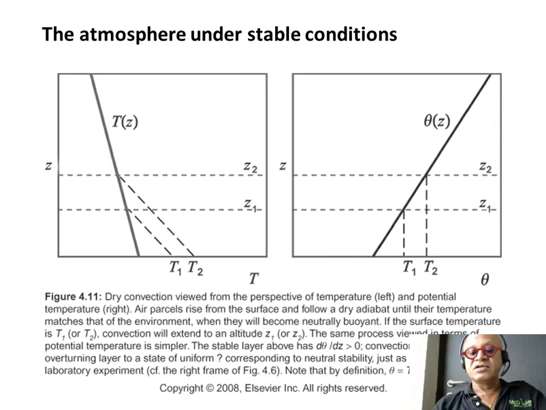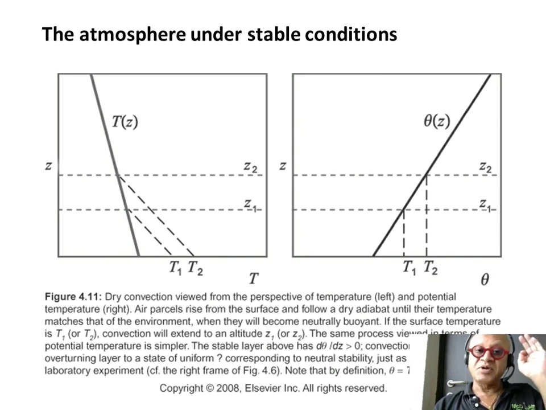So that's convection in the atmosphere in terms of dry potential temperature. This is why we define potential temperature. It comes directly out of our convection and thermodynamics and compressibility and adiabatic movements. Fairly straightforward, but you should go through it and make sure you understood it.